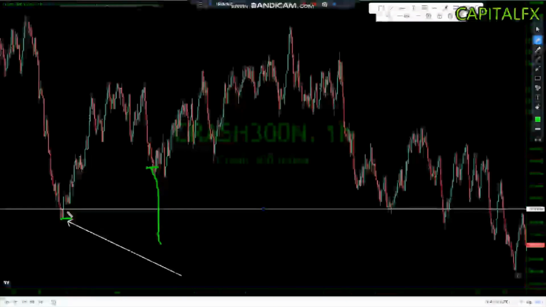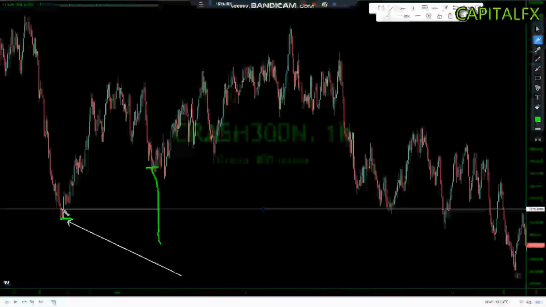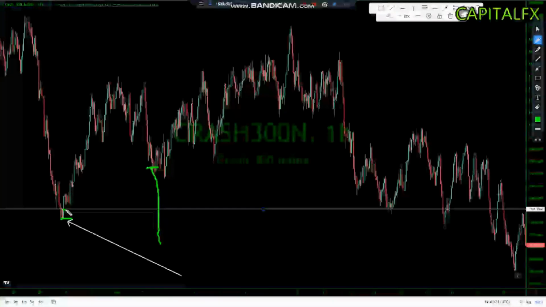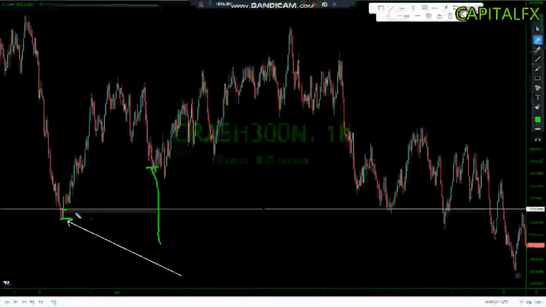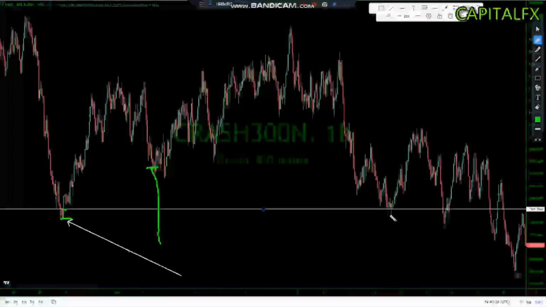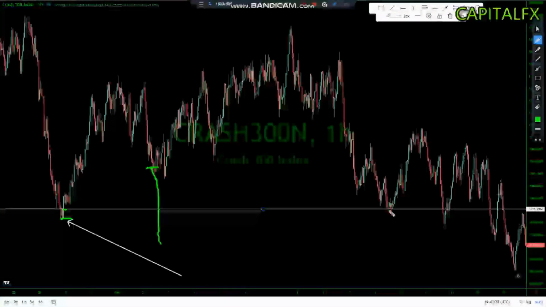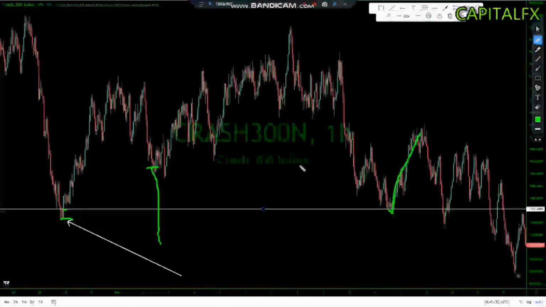So what is useful is to stop at the tip of the previous red candle. You can see the market respected this line, the market came here and shot up. So this is how the order block works. This is the power of the order block.